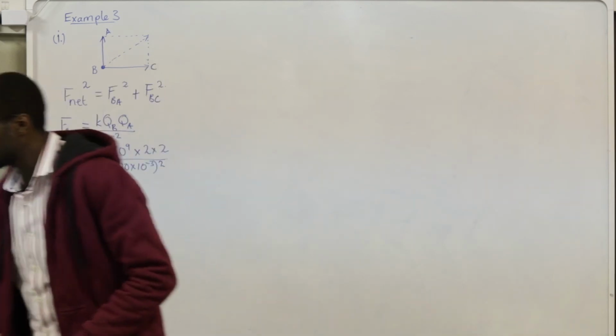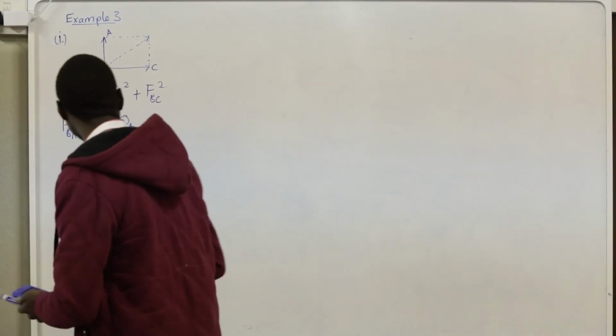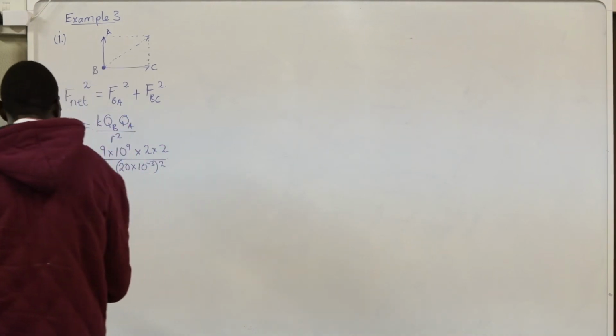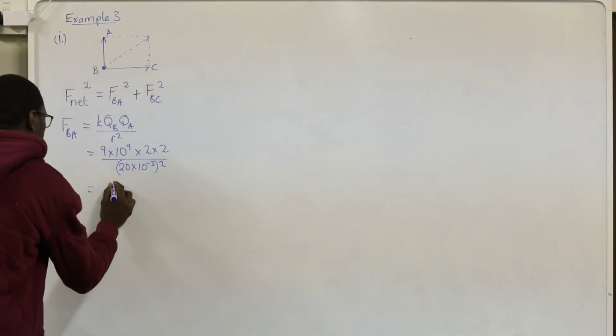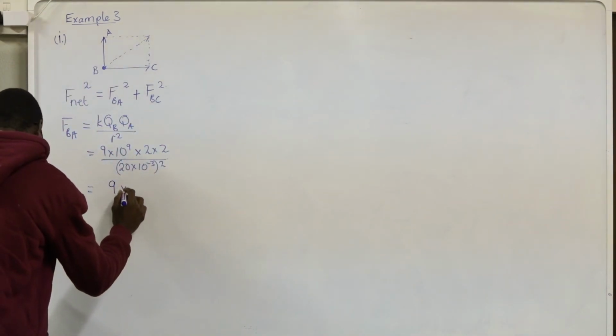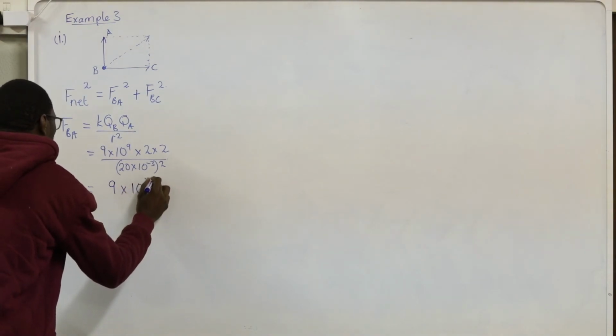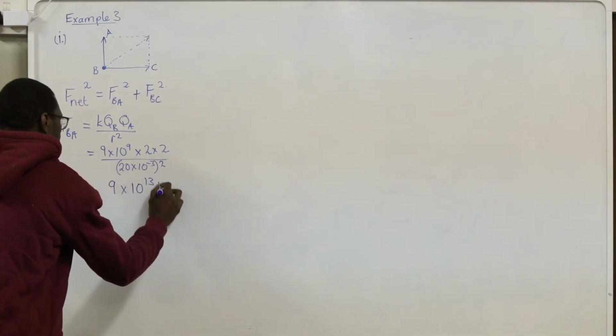Yes, okay, so I got 9 times 10 to the power of 13. I hope you got the same answer as me. If you did, well done. 9 times 10 to the power of 13 newtons.